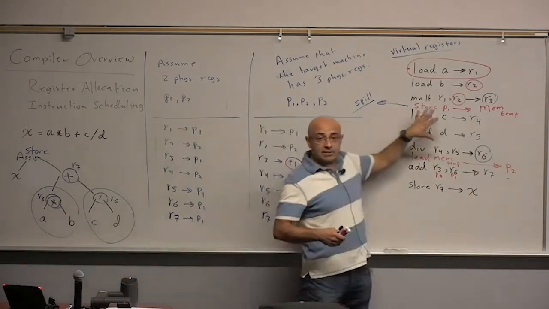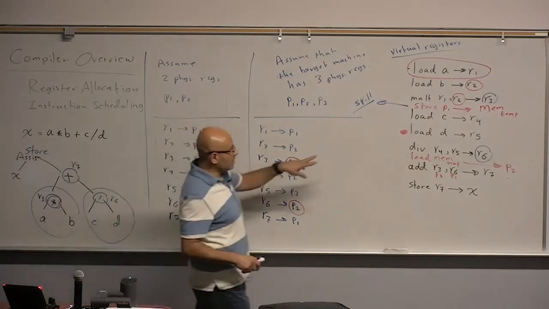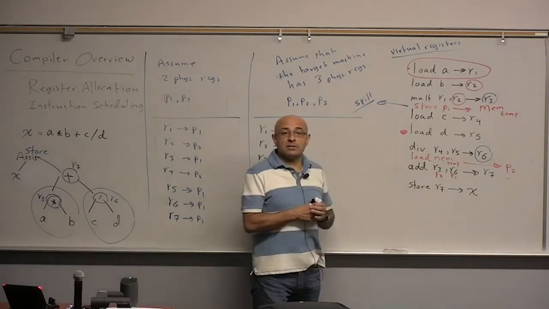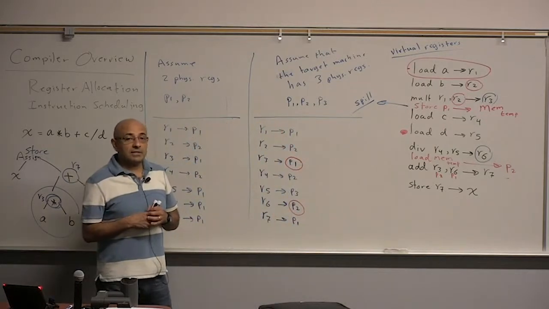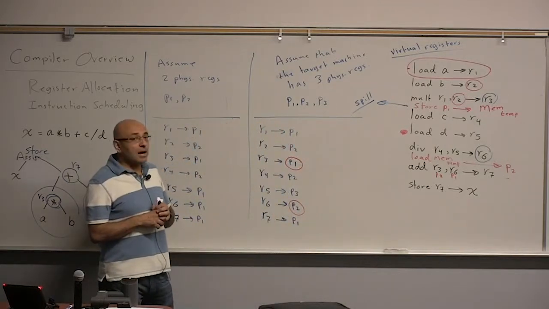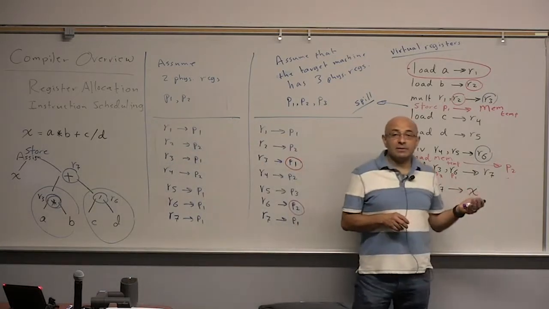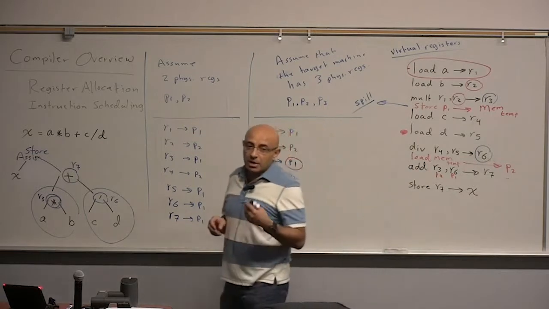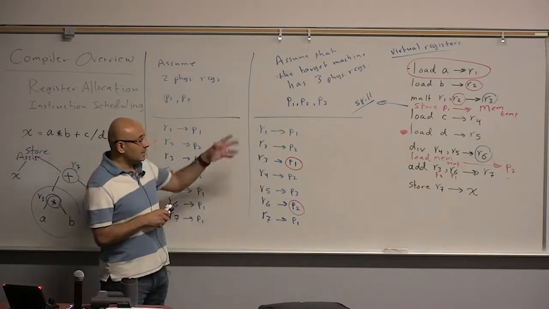And the memory system has a limited bandwidth. So you are executing more loads and stores, and that's slowing your execution. So the job of the register allocator is to do the mapping with minimal spilling. The job of the register allocator is to minimize these spills.